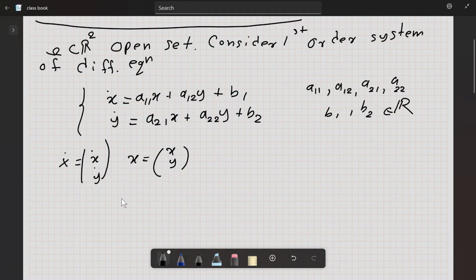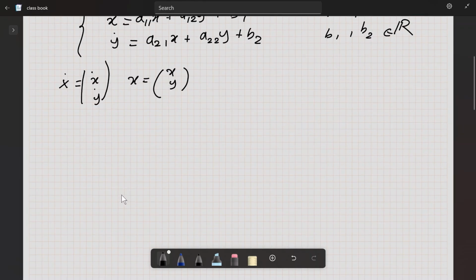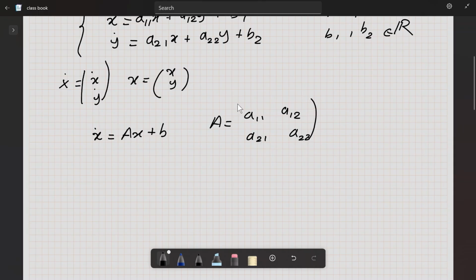Then I can write this system like this: x dot is equal to A times x plus b. Here A is the real matrix a11, a12, a21, a22, and b is b1, b2.